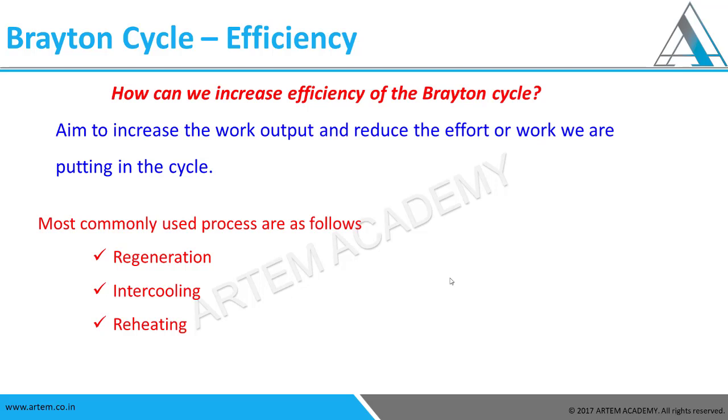In real life, if you go to any power plant, you would mostly not see the Brayton cycle that I explained earlier. It will obviously be modified, because in the real scenario you need maximum output, and these are the three processes that are generally followed in real-life power plants, because they either increase the efficiency or increase the work output, which makes the Brayton cycle useful. So let's talk one by one and go to regeneration.